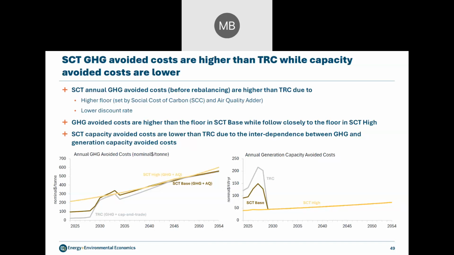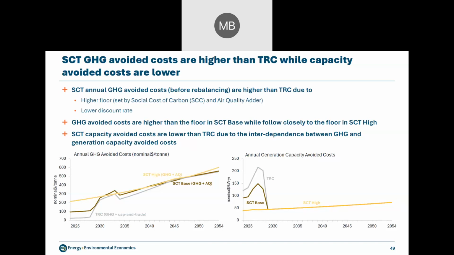If you look at the chart at the bottom left, you see that the SCT GHG avoided costs, which also include air quality adders represented in dark brown and yellow, are higher than the TRC in the near term. SCT also has a lower discount rate, which makes the missing money for solar in the integrated calculation more pronounced, or less discounted. That's the main driver for the high GHG avoided cost for SCT in later years.